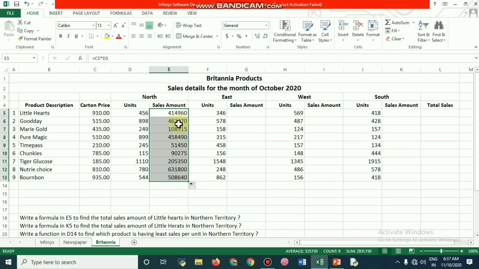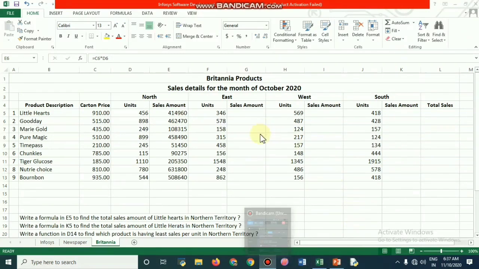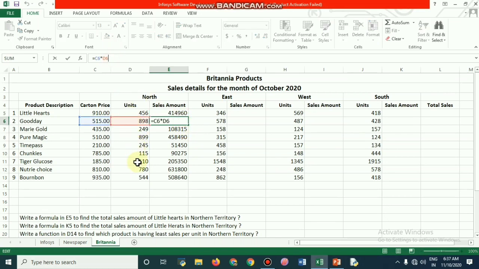And look here, how here it was C5 into D5, and when it moved down here it became C6 and D6. The changing of the cell address accordingly, when you drag down a formula, it is known as relative cell referencing.